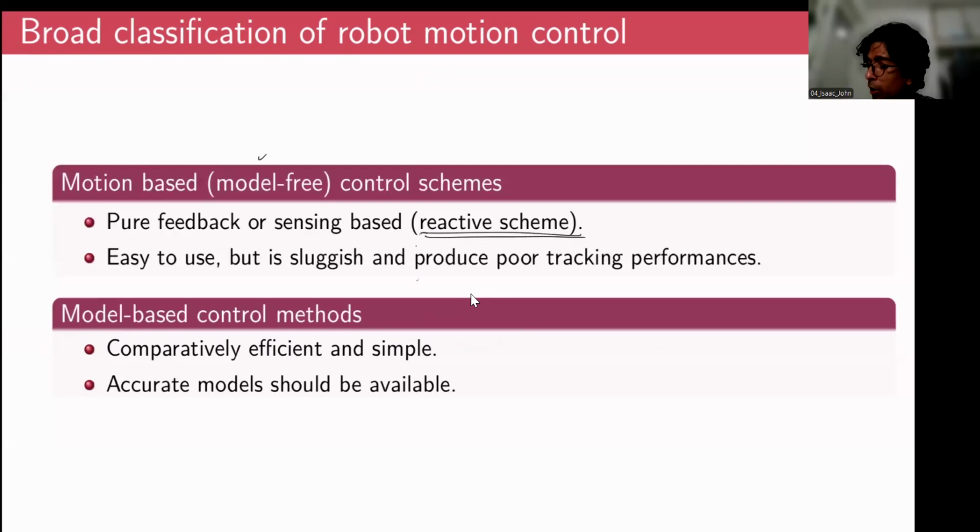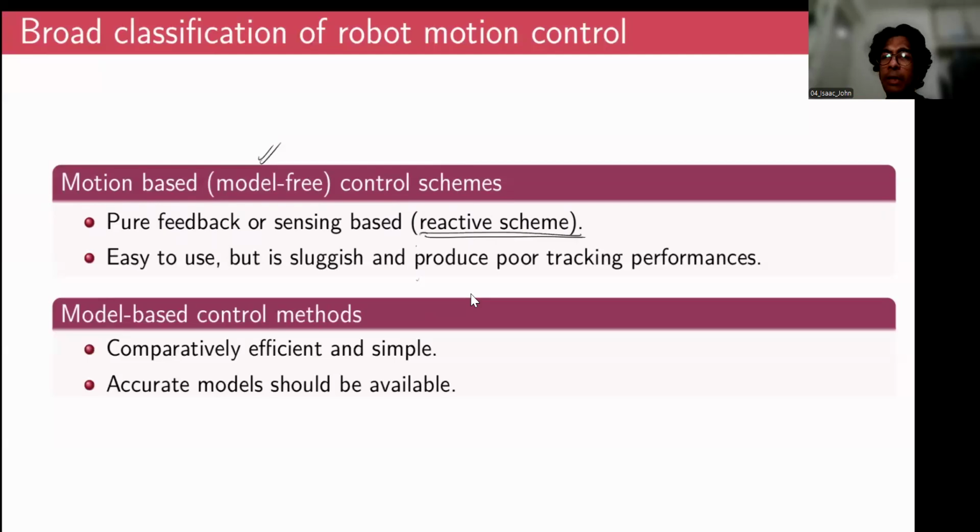So in a model-free scheme, we rely on pure sensor-based feedback, and this is pretty easy to use, since we are not developing any mathematical models. This can be universally accommodated, irrespective of the type of robotic system that you are working on.